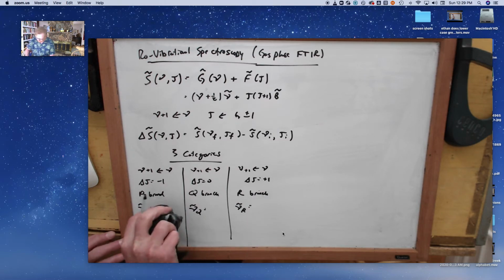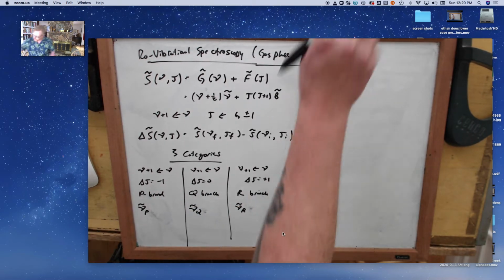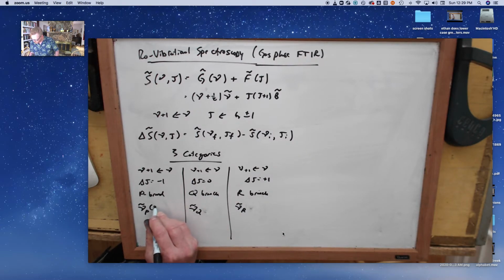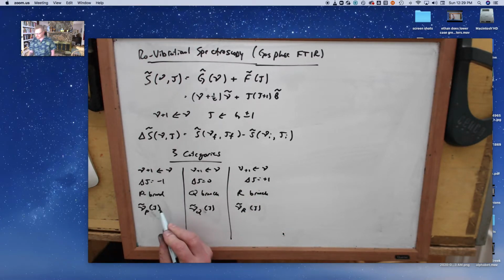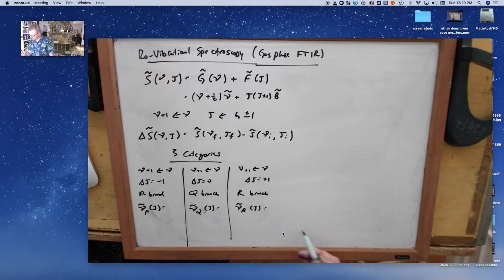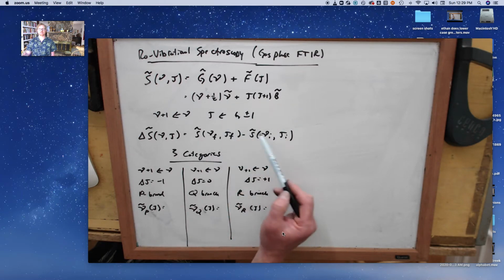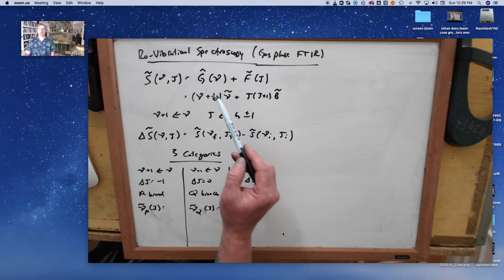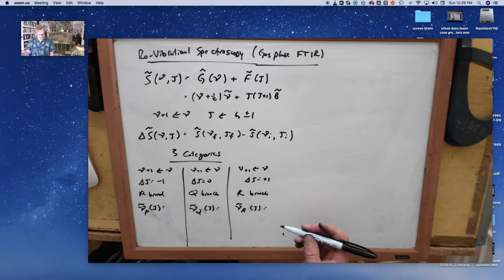Because nu is changing by the same amount each time, we don't need to worry about its dependency on nu. Nu is always going up by +1, so we only need to worry about the dependencies in terms of the J's. And so what we would do is plug each of these equations into the initial and final and carry out the differences, all right? And I've got that worked out in my notes if you want to see it.